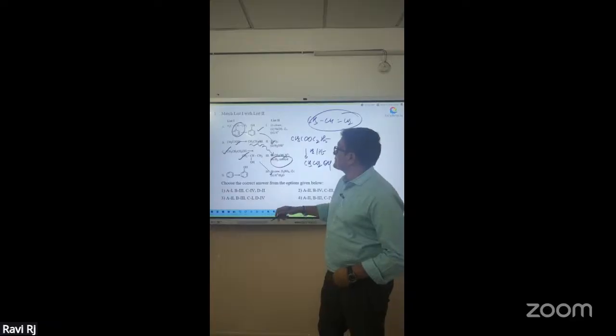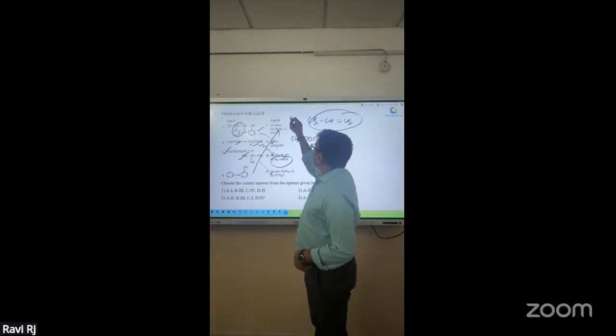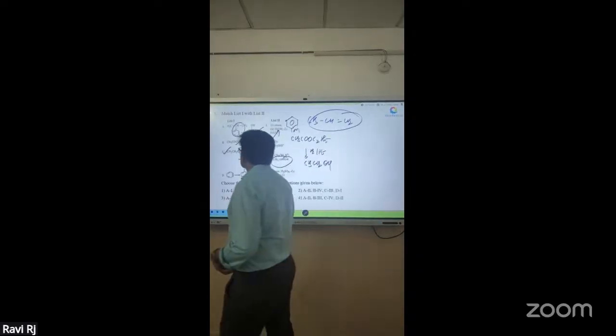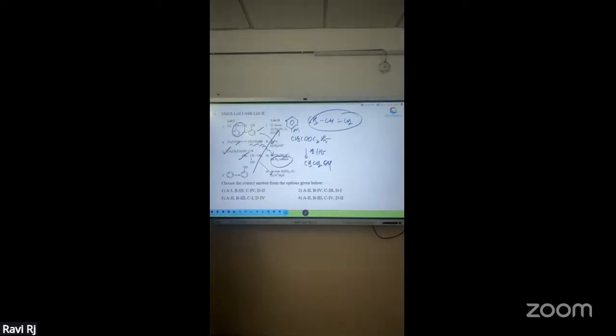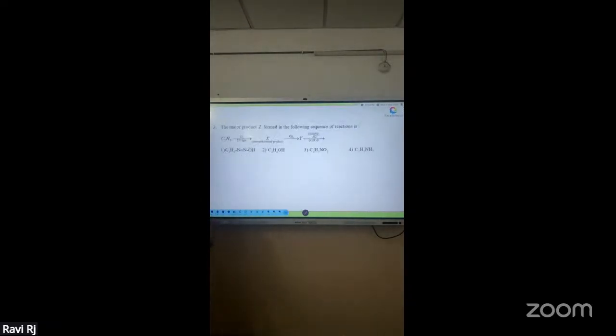Lastly, you have oleum, which converts benzene into benzene sulfonic acid, which is subsequently converted into phenol. So you can look at the option which is perfectly matching: A is 2, B is 3, C is 4. So option number 4 happens to be the right answer for the question.